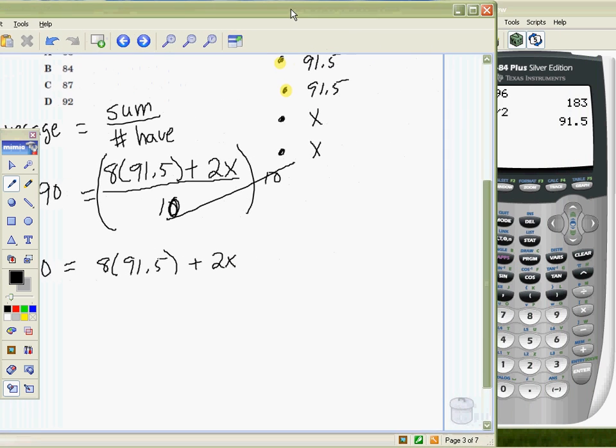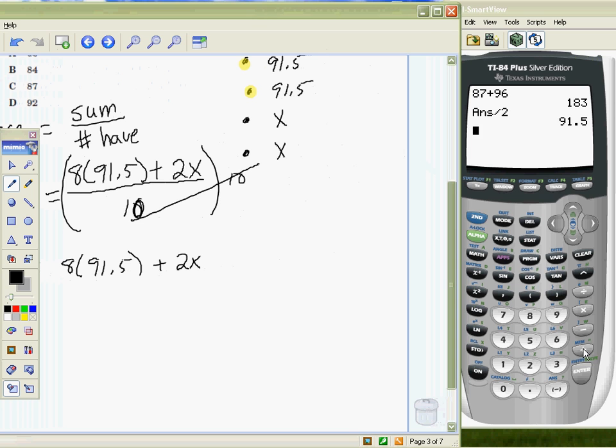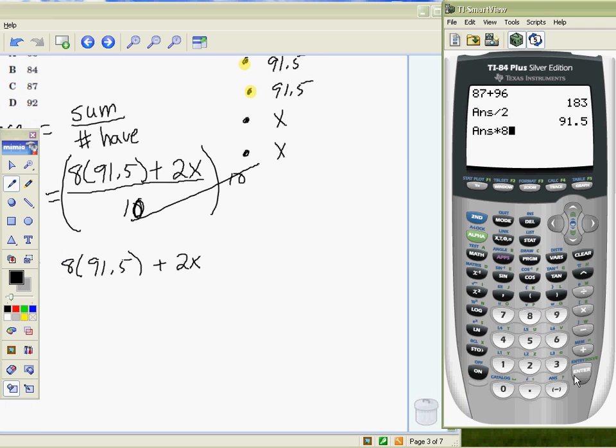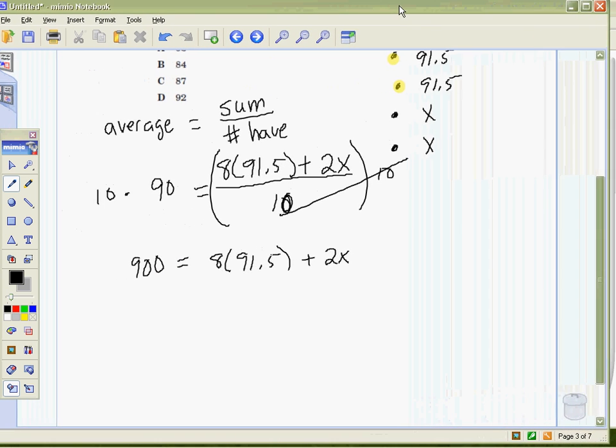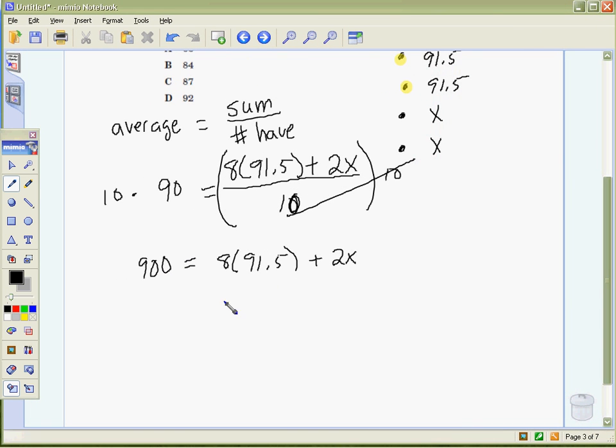Let's see what 8 times 91.5 is. 732. So I have 900 equals 732 plus 2x. So now I subtract 732.